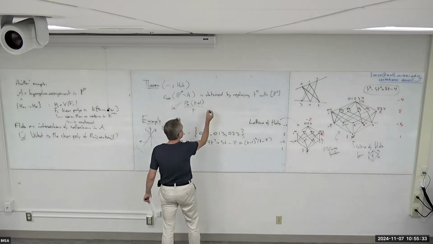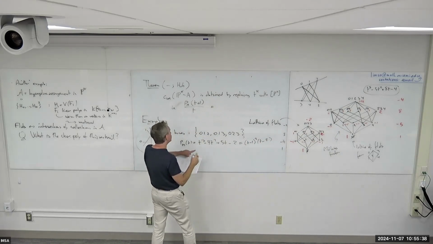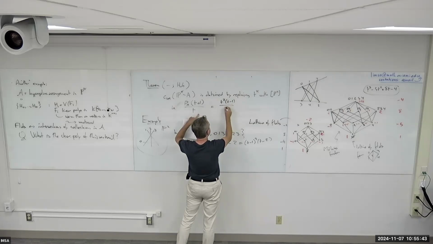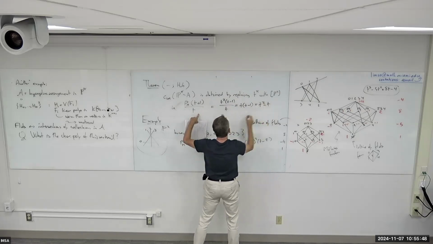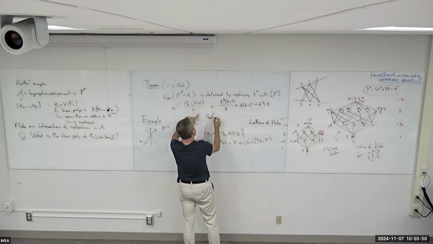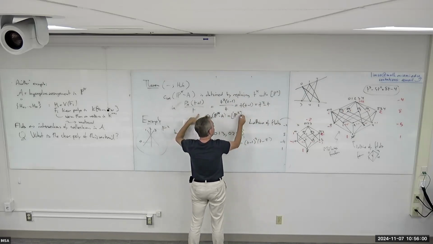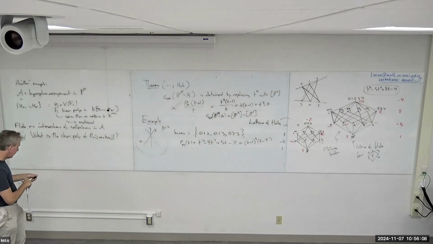This operation that we do just here, for this example, is equal to t squared, t minus 1, we have a t, so it's t times (t minus 1). So the claim is that the CSM class of the complement of the hyperplane arrangement, once you push it forward to P^n, is the class of P^2 minus the class of P^1, and if you're good at eyeballing these things, you can check that is the case. Okay.